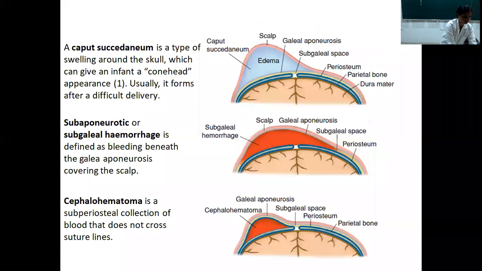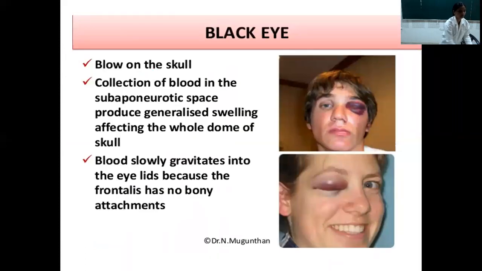eyelids. You see here, a simple blow on the skull. So collection of the blood in the subaponeurotic space is a generalized swelling because it extends through the entire fourth layer. And moreover, blood slowly gravitates into the eyelids. Why? Because in the anterior aspect, frontalis has no bony origin, as I told previously.